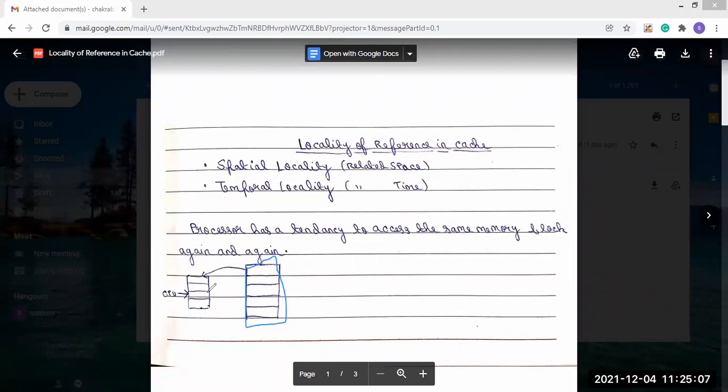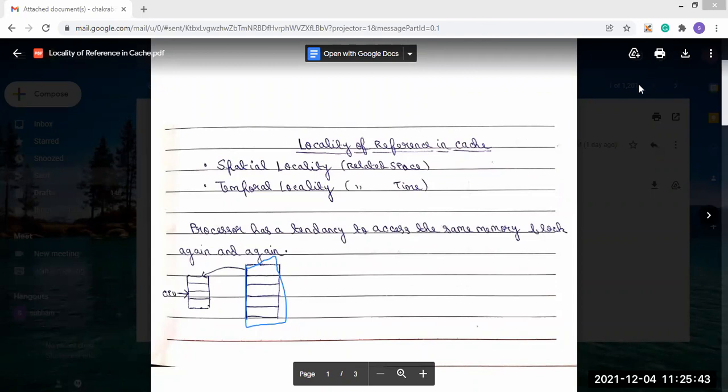We divided the cache into lines, and each line can accommodate a block at a particular moment. So the blocks available in the main memory are transferred into the cache, and from there the CPU will access the block. But the processor has this tendency that it will access the same memory block again and again.